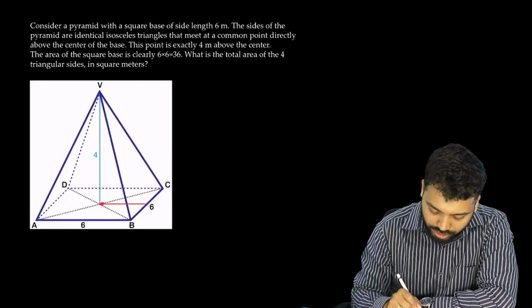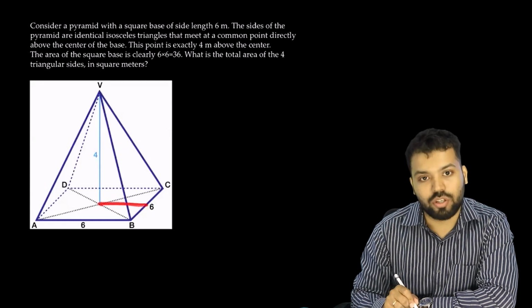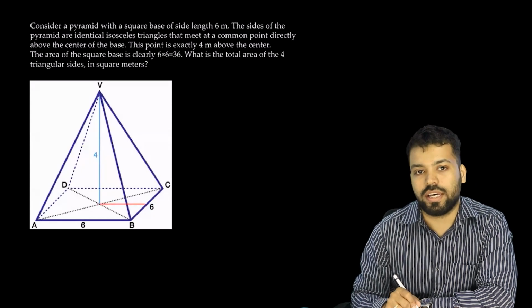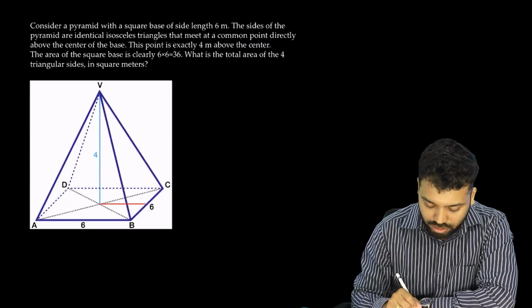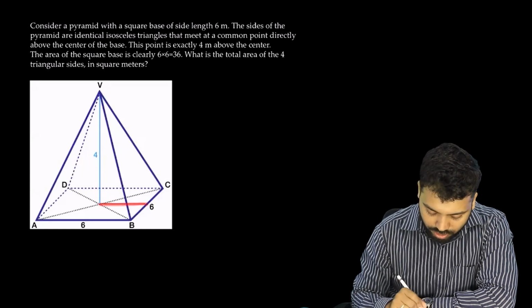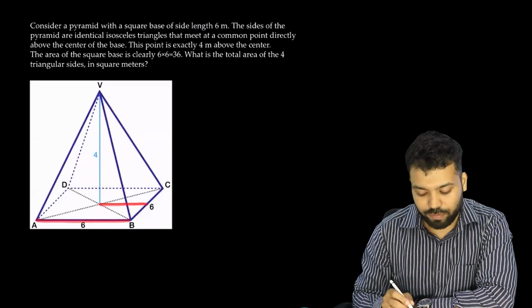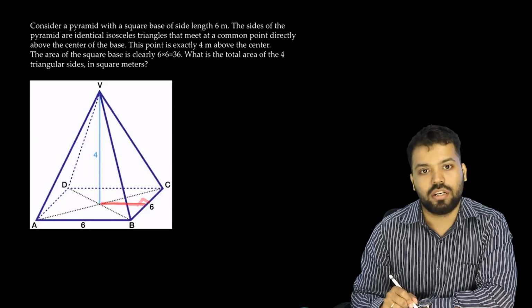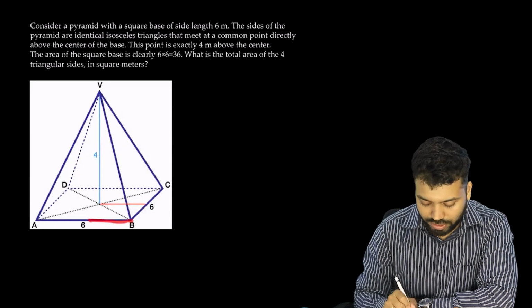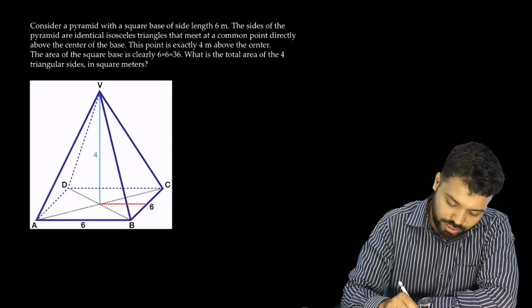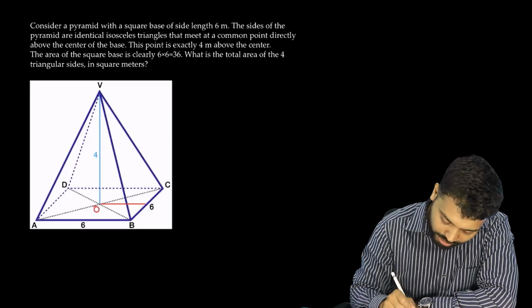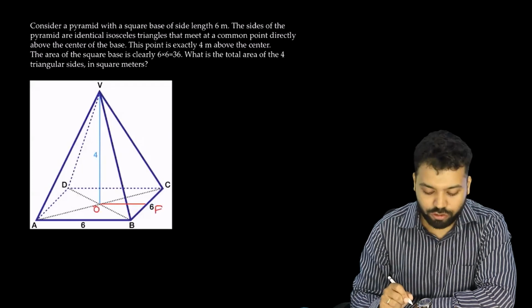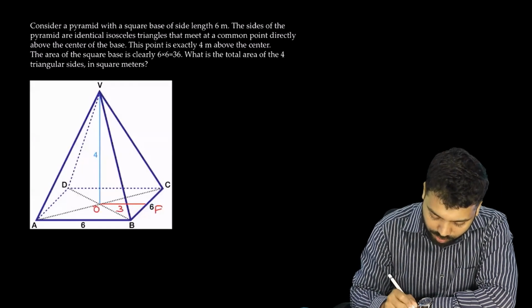If you draw a perpendicular from this point to any of the edges of the square base, it will be parallel to one of the square base edges, and this length will be half of this length. So if I name this O and F, OF will be 3 units.